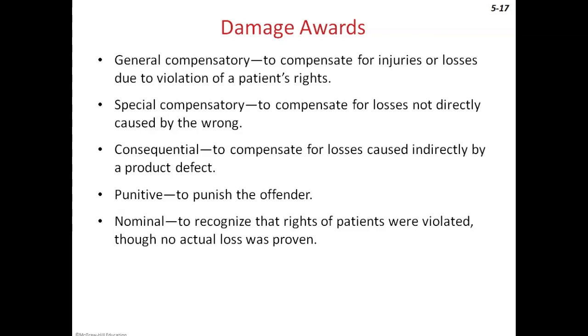And lastly is nominal, and that's there to recognize the rights of patients were violated, although there was no actual loss proven. So this is more of the legal rights of that patient were violated, but they can't prove that there was actual damages caused to the patient's lifestyle, health, anything else.